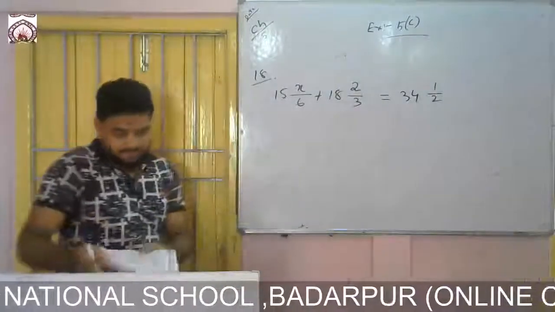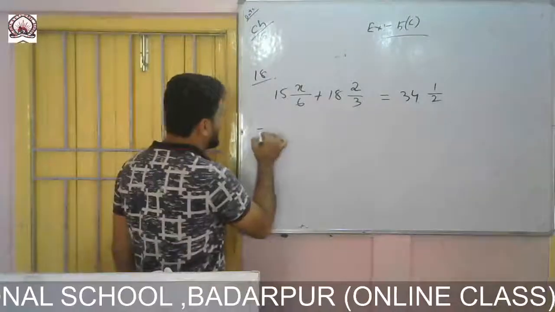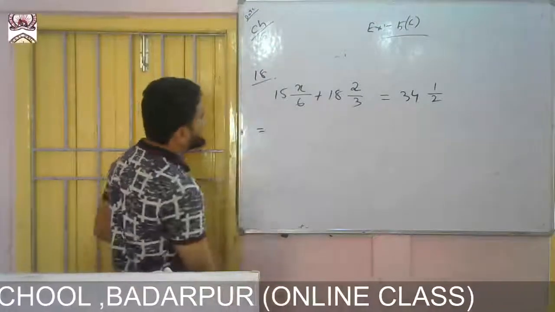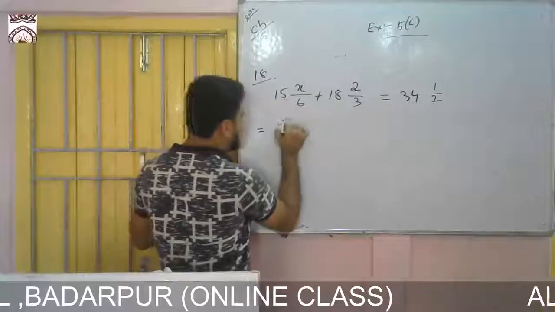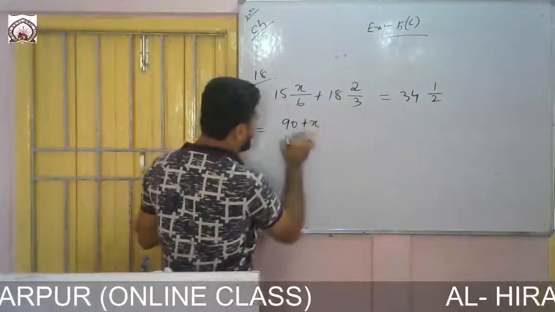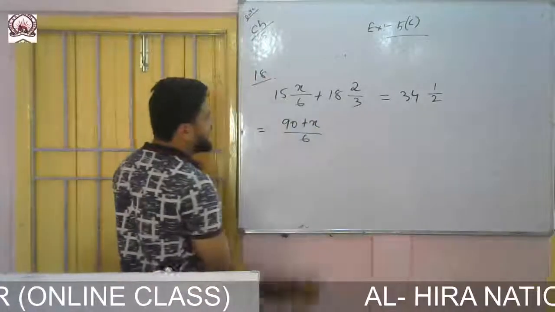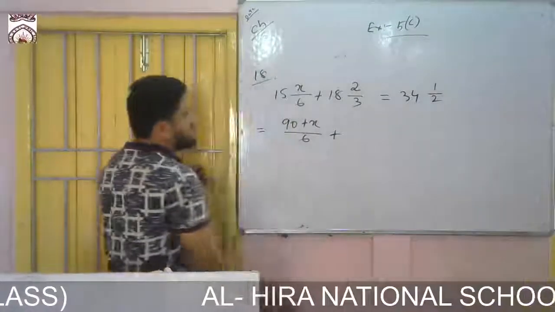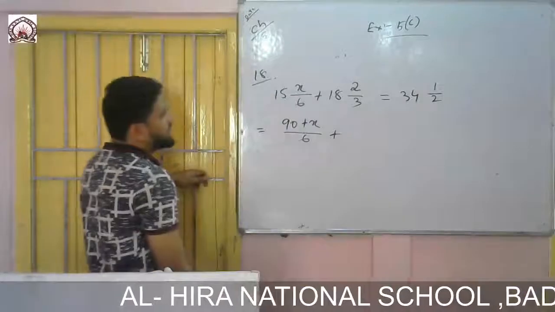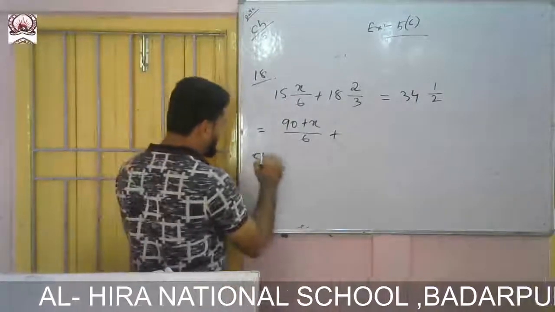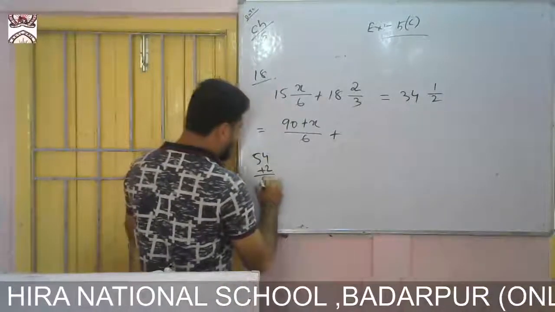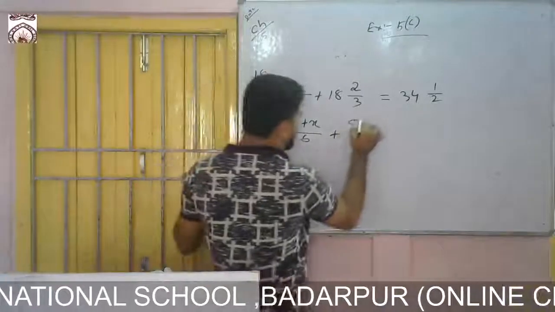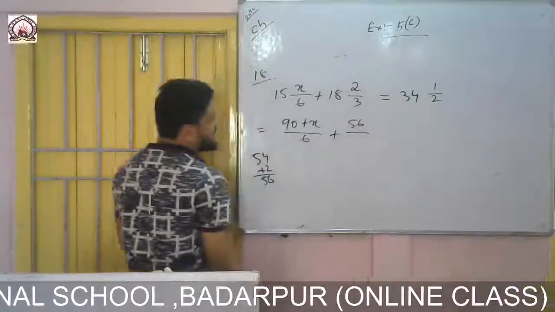Okay, so let me solve again. 15 6 are 90. So 90 plus x, 90 plus x by 6. Now here plus 18 3 are 54. 54 plus 2, it is what? 56.